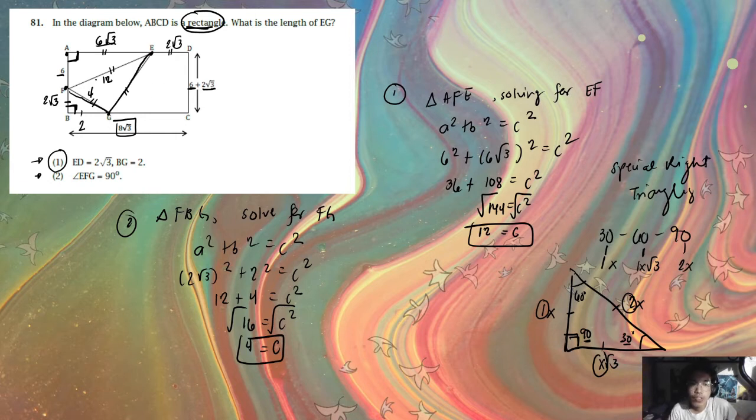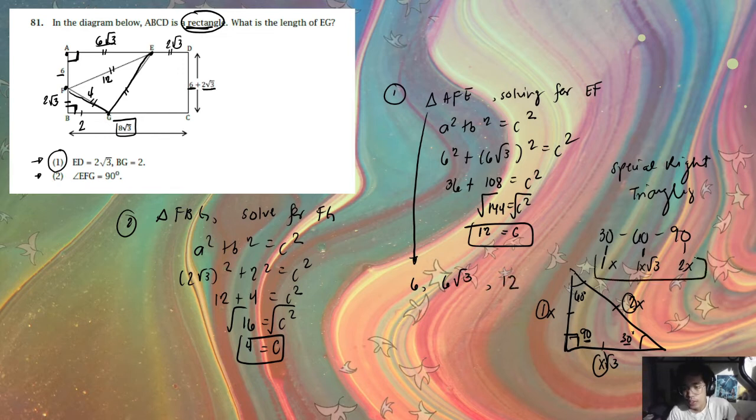Now, if we're going to look for a pattern here, let's look closely at triangle AFE first. What are the patterns that we have for triangle AFE? We have 6, square root of 3, and 12.